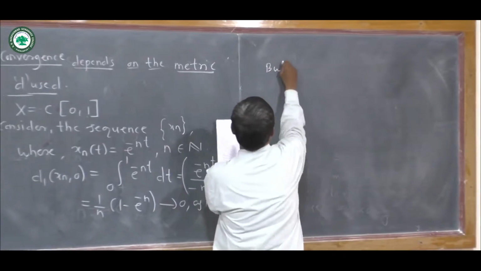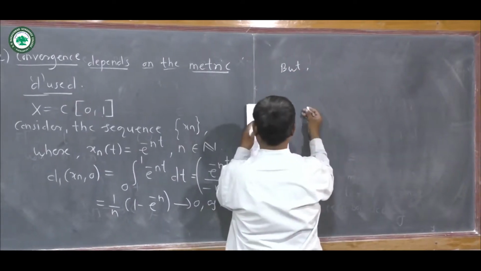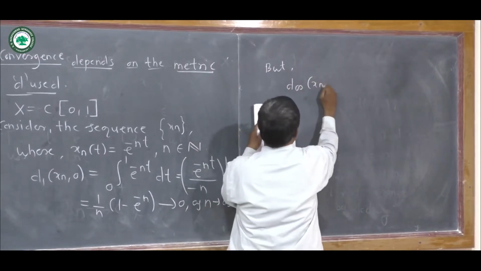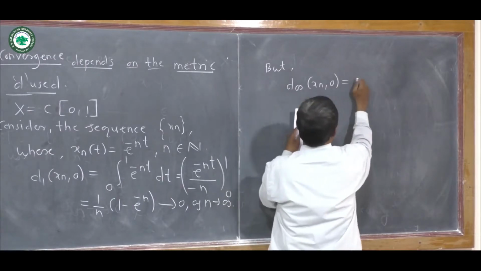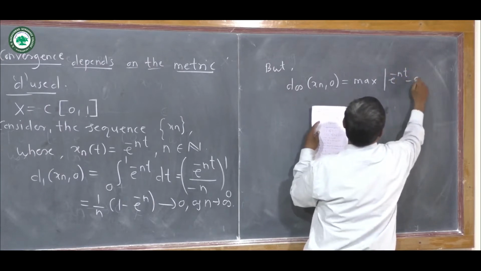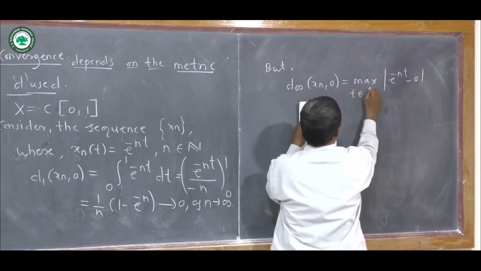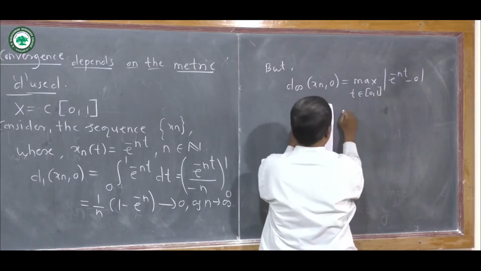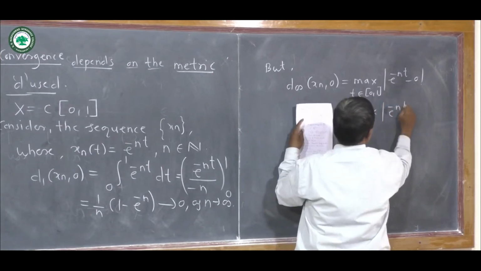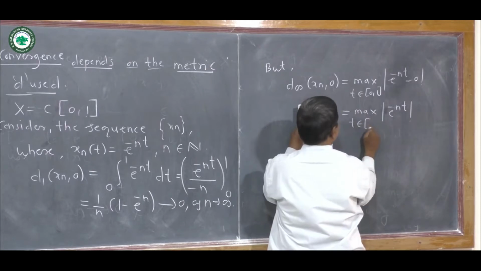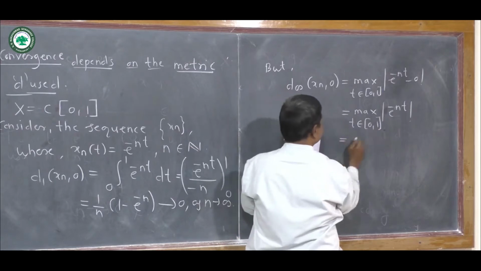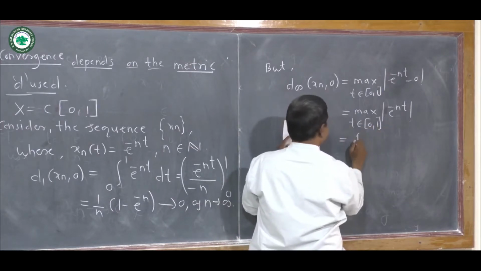But if you take the metric d infinity, then d infinity(xn, 0) is the maximum value of mod of e raised to minus nt minus 0, where t belongs to the closed bounded interval [0, 1]. That is the maximum value of e raised to minus nt over [0, 1], and this value is 1.